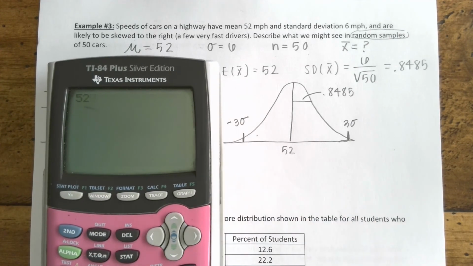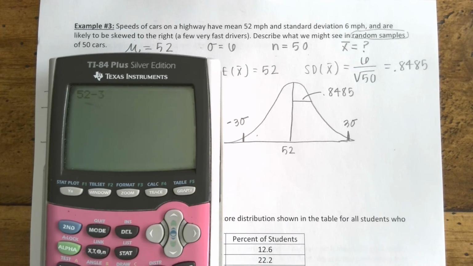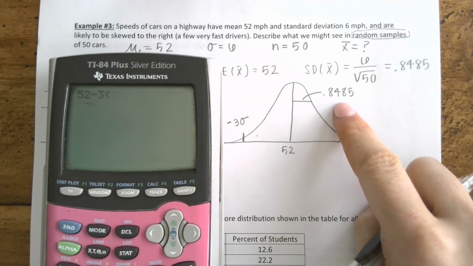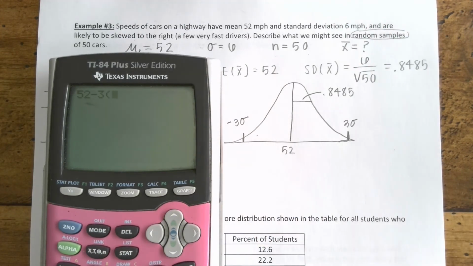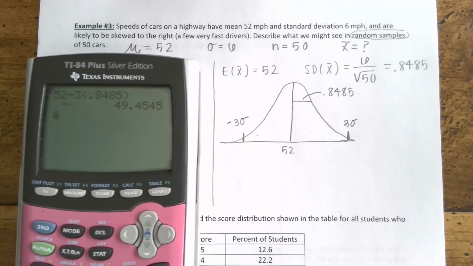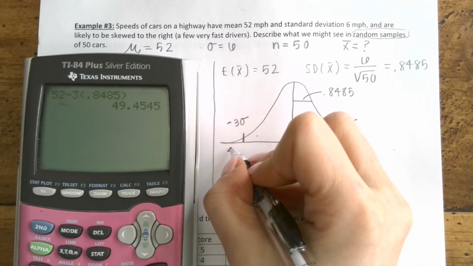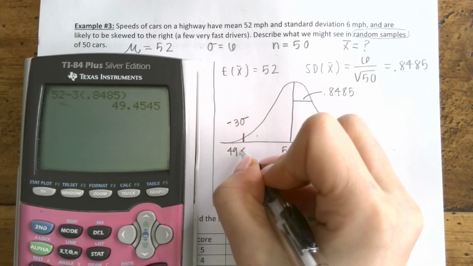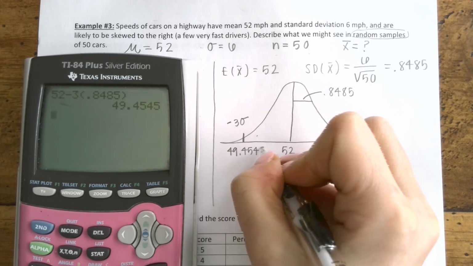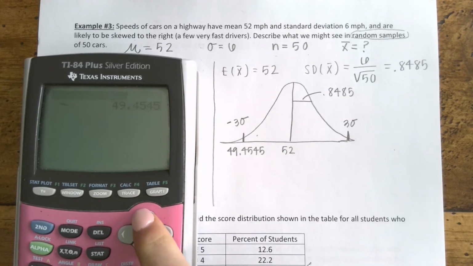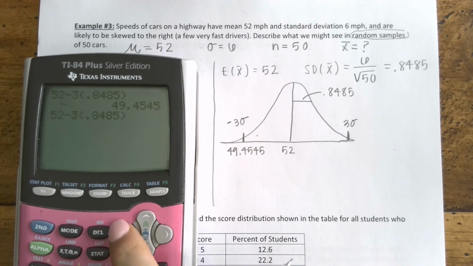I'll start with the left-hand side, so I'm going to subtract 3 times my mean. And I'll do the same thing, but adding on the other side.